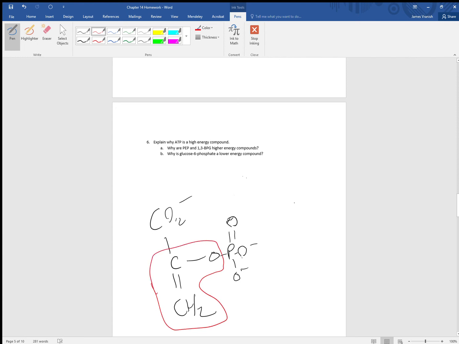Now, enol forms always want to tautomerize to the keto form, where basically we push electrons down from the alcohol, forming a ketone, and then the alkene bonds get pushed over to the carbon and get protonated. But in this case, they can't, because we have this phosphate on there that we can't simply just remove with a base, for instance. We can't simply deprotonate this oxygen here.